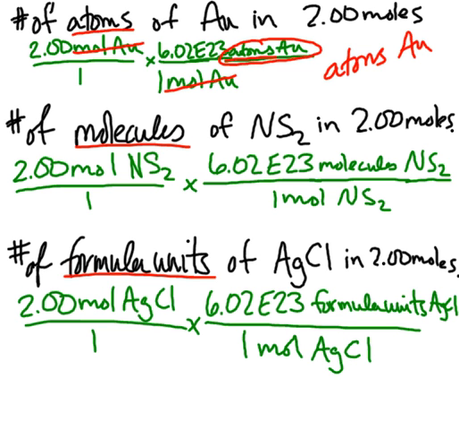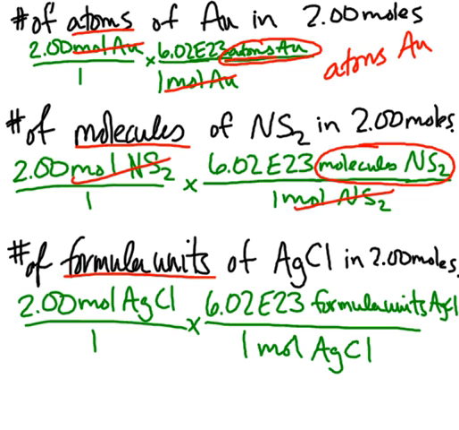But if you notice, they're doing the problem all the same way. Look at the second one. Moles of nitrogen disulfide cancel out. But because nitrogen disulfide is made of nonmetals, I call it a molecule.